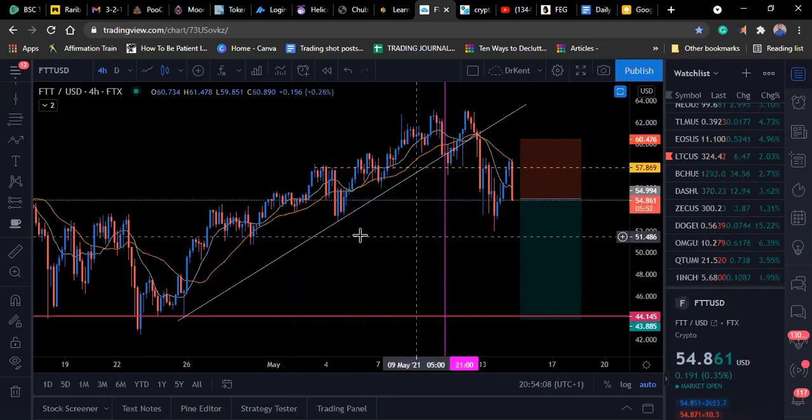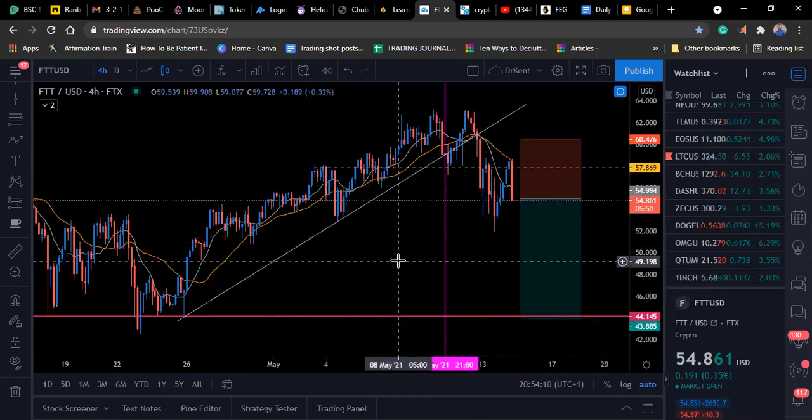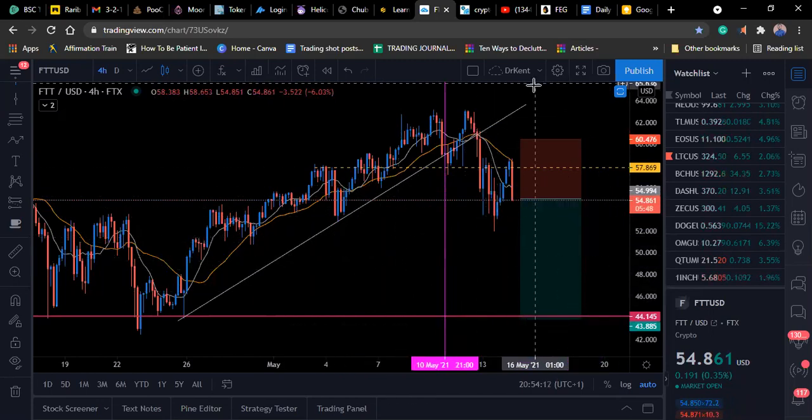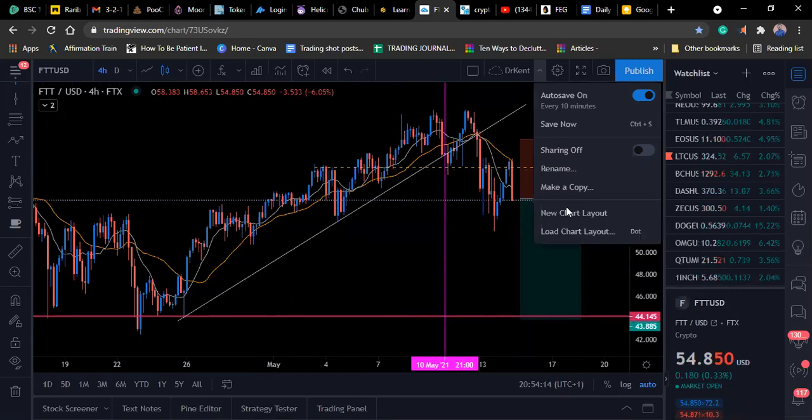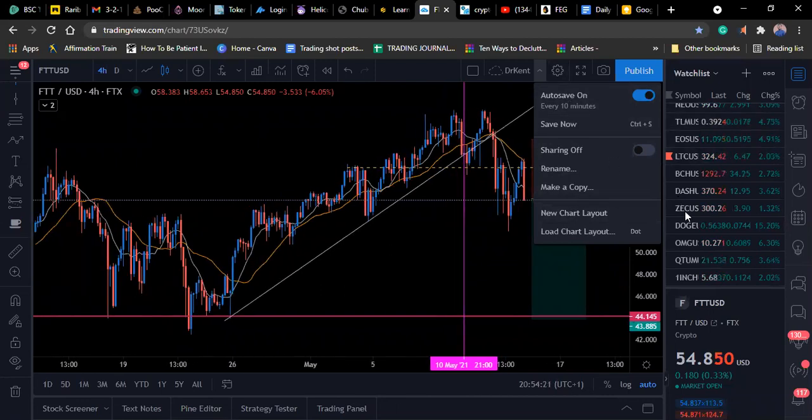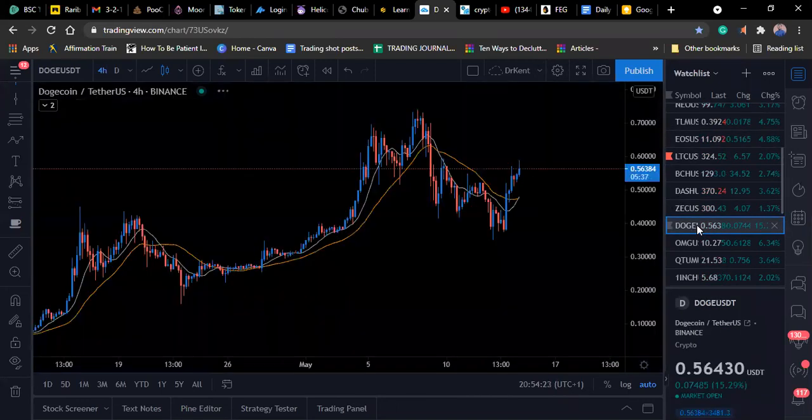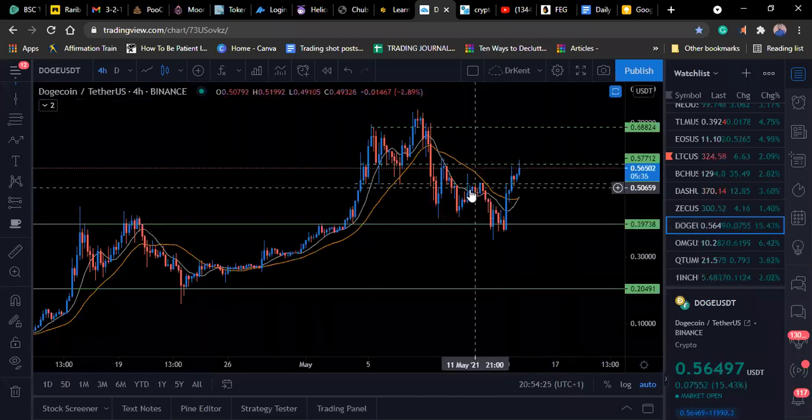Now after you've saved all these things that you've done, you can click Ctrl S. You can come here and save it under any name you want. And once you have that saved, like some of these charts, I have drawn this one for a long time.